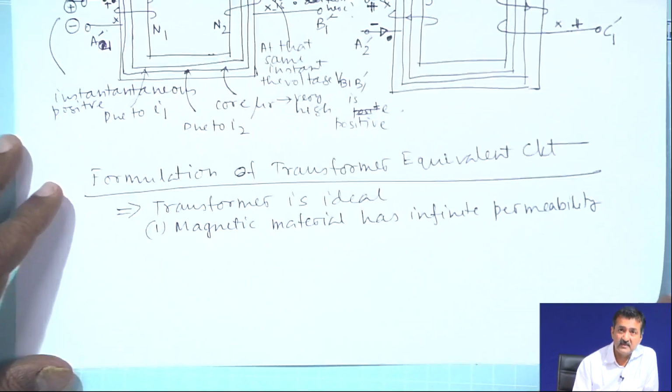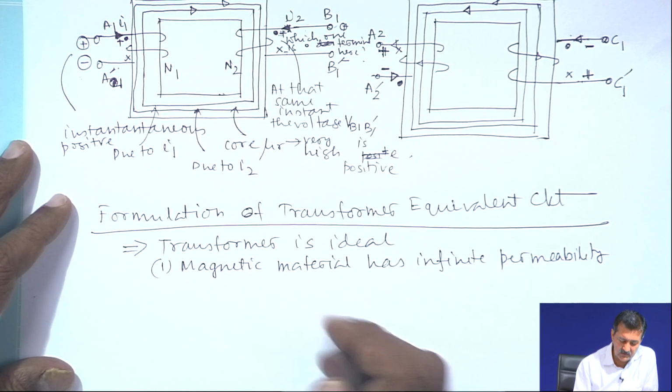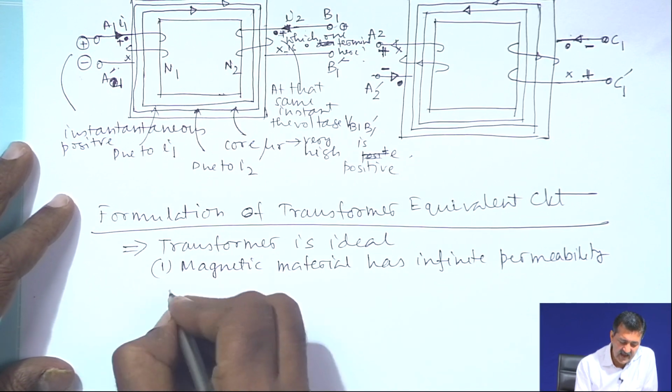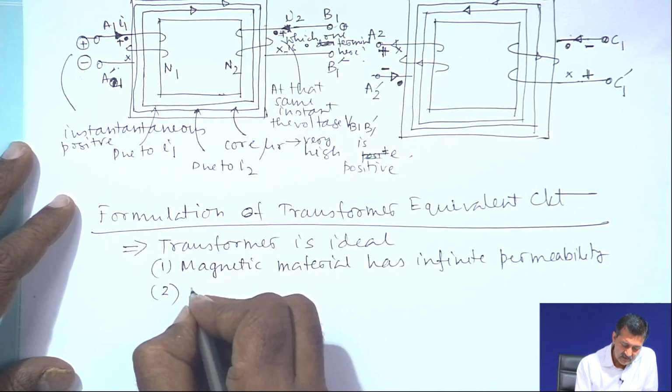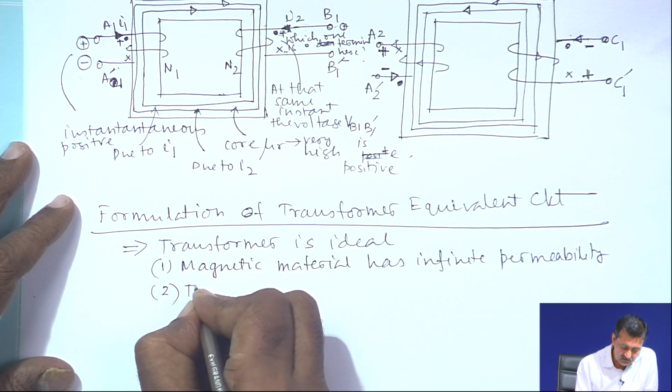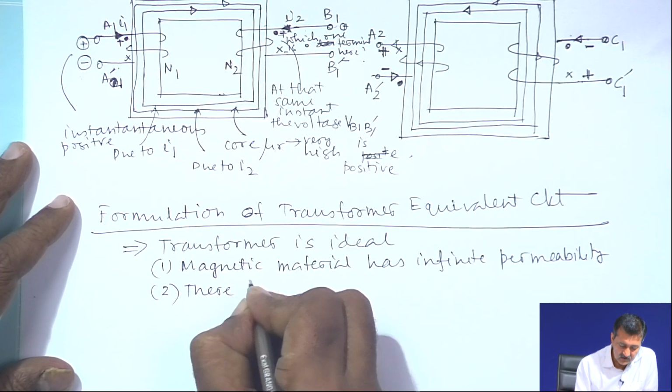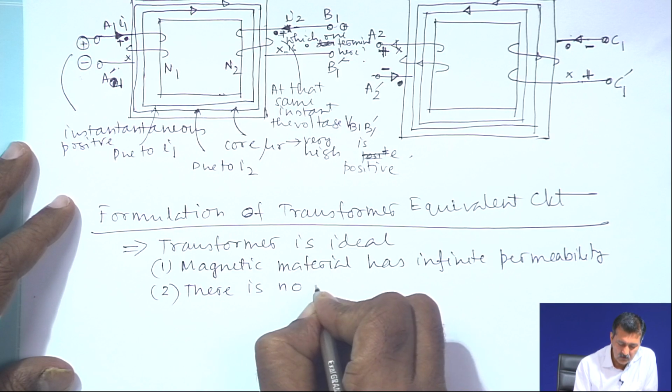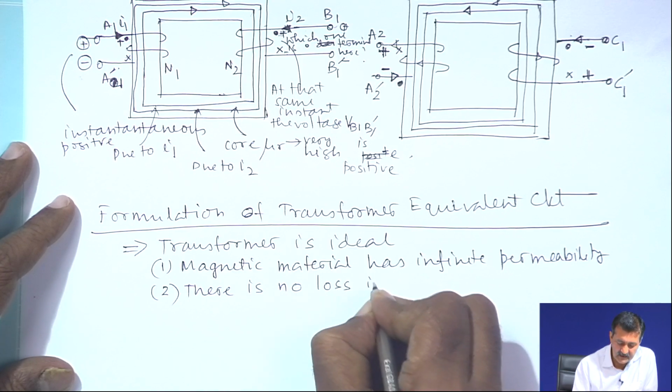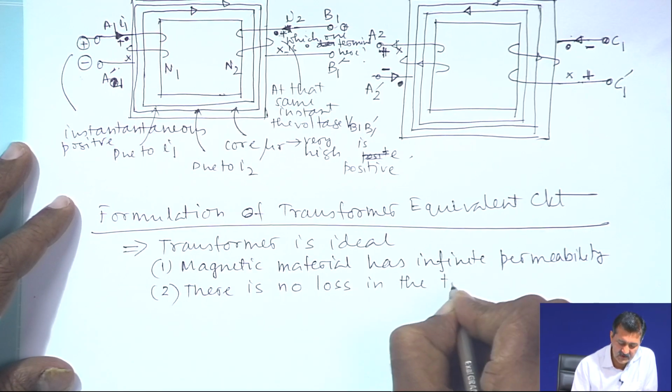That is one of the things we can think of. And another thing we can think of is there is no loss in the transformer.